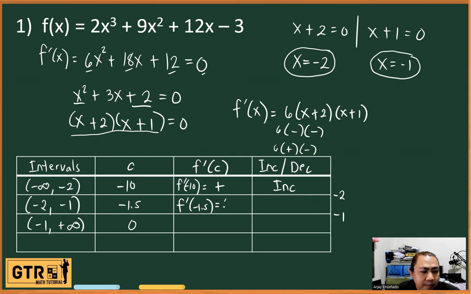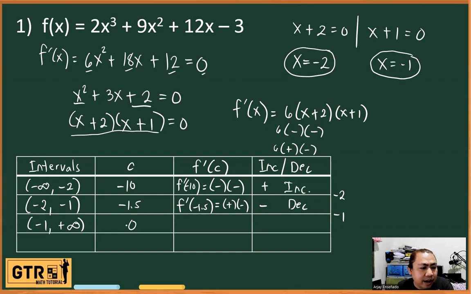So we have positive times negative, therefore the answer is negative. Therefore, decreasing. So here we place our signs: for negative 10, we have negative and negative, so the answer is positive, therefore it is increasing.